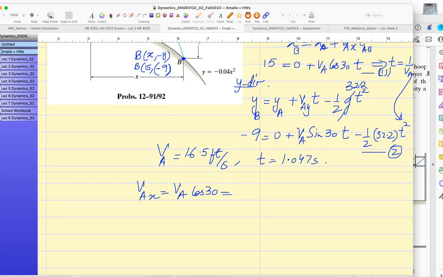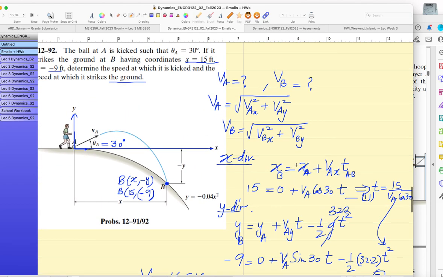If I do the math here, 16.5 times cosine 30, what does that equal? This is 14.3 almost. And this is the same constant velocity in the x direction, in the same x direction. So VAX equals VBX. Let's write it down as 14.3 feet per second.